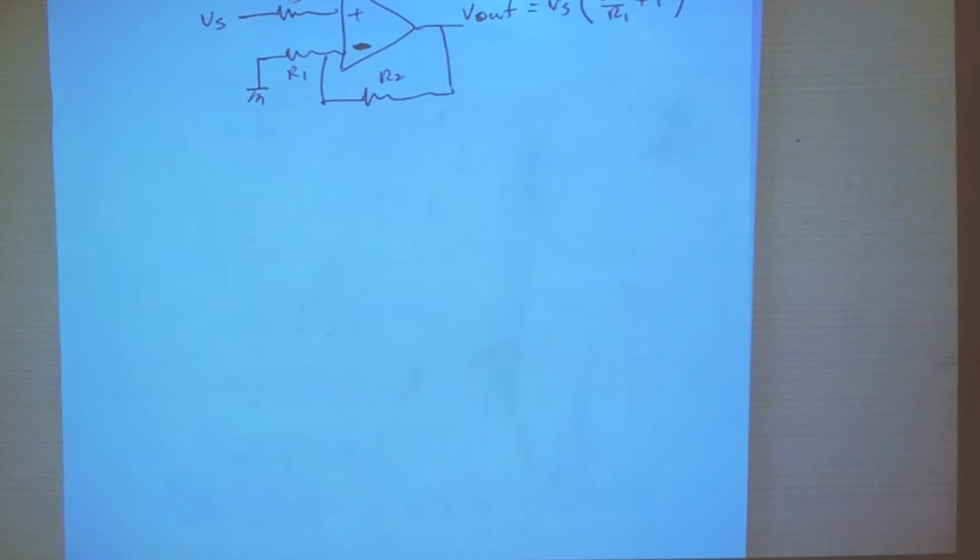Why? Because there's no current going into the input, since we are treating the op-amp as ideal. There's no voltage drop across Rs, therefore the voltage Vs appears directly at the non-inverting input, and goes out with the non-inverting gain to the output.